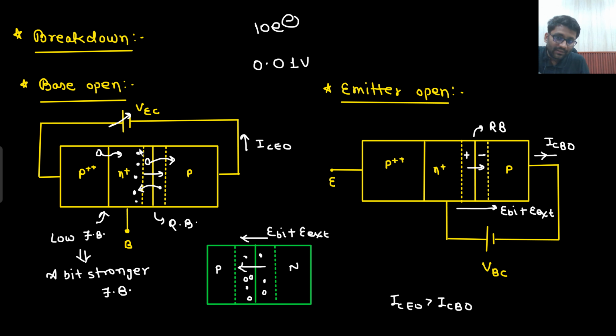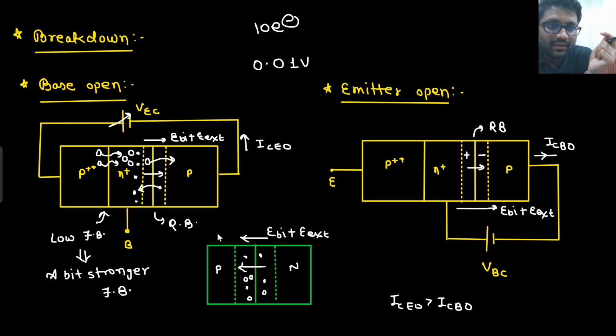But now what is happening? This forward bias has become stronger. If this forward bias has become stronger, that means more and more holes will be diffused here. And since there is a very strong electric field present here, it will sweep up these holes. So in this scenario, two things are happening. One is the built-in electric field plus external electric field creating electron hole pairs, because of which a large current was flowing.